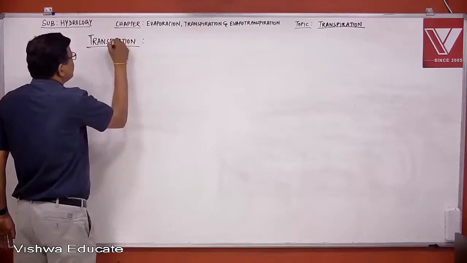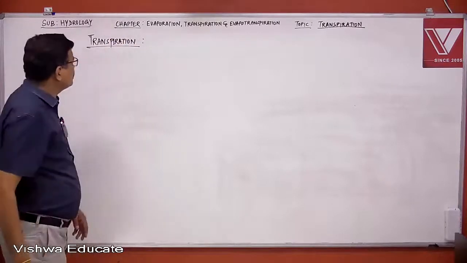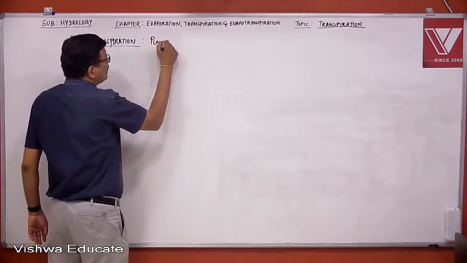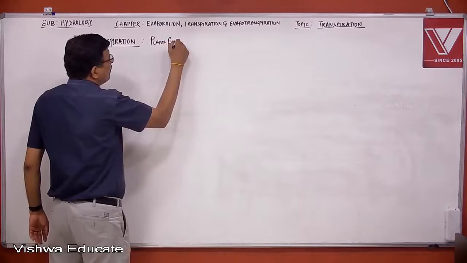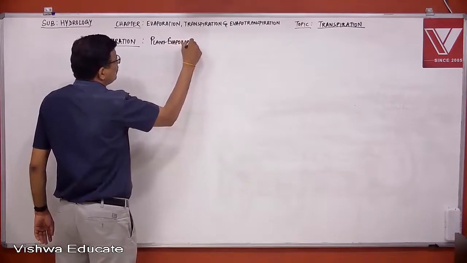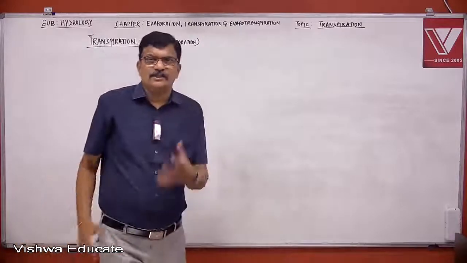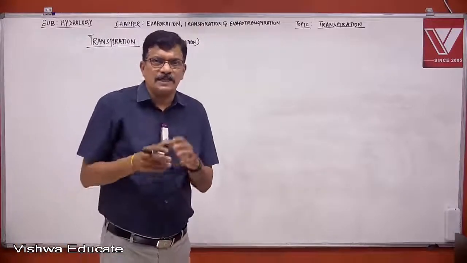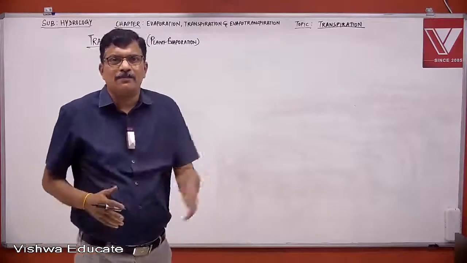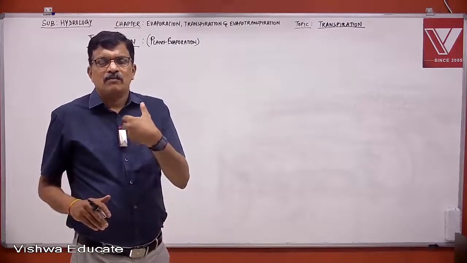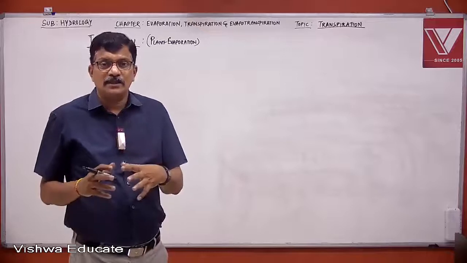Okay, so transpiration. Sometimes it is also referred to as plant evaporation. So transpiration as such, we can't call it a physical process. It's basically a biological process through which the waters are lost by the plant.